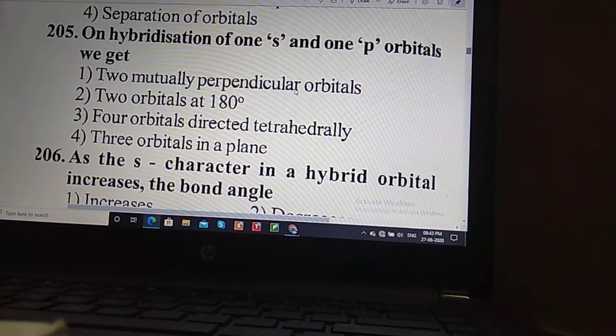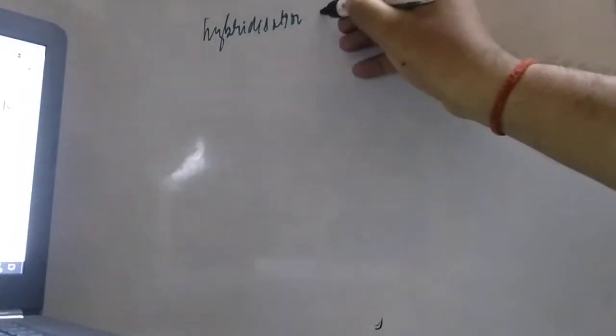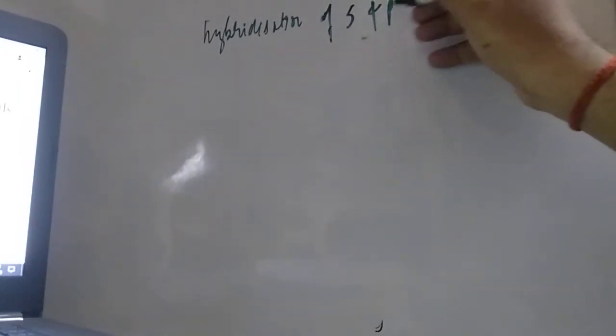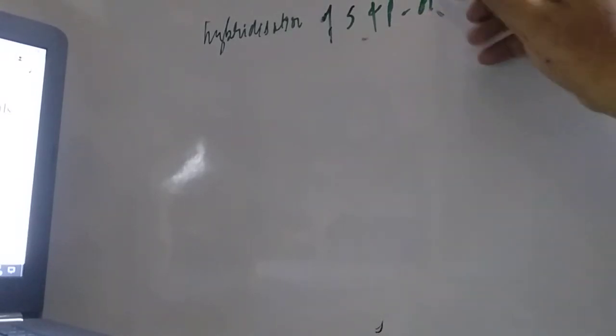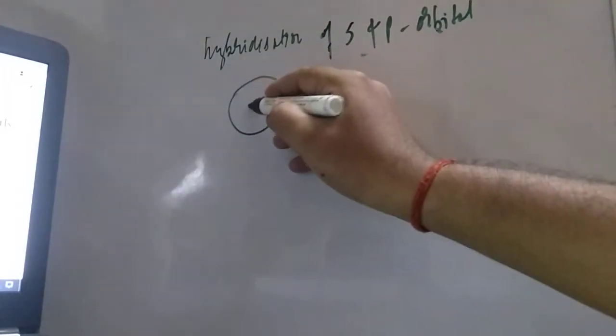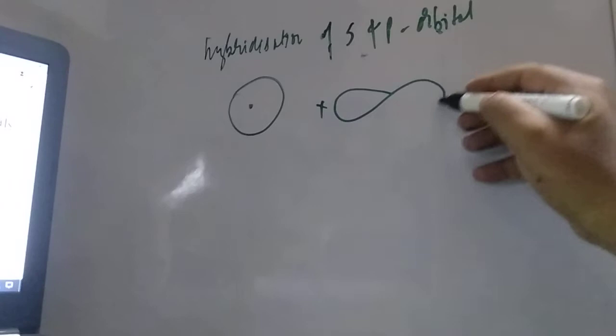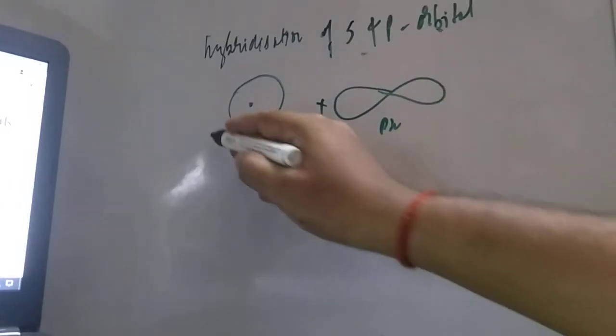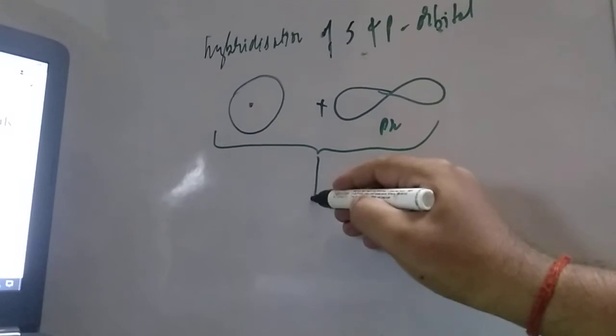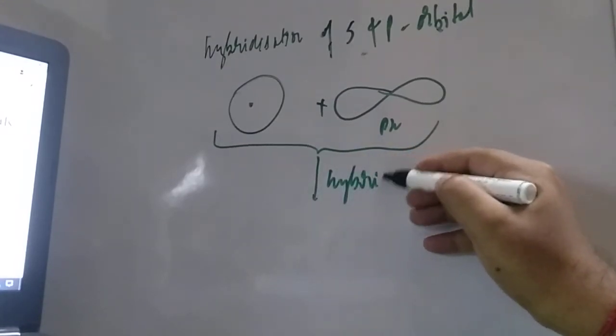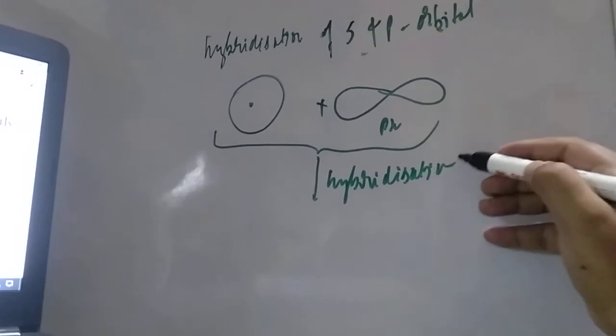Suppose you have one s orbital, which is spherical in shape, plus one p orbital, suppose this is px, dumbbell shape. If these two intermix, that is hybridization, you will get two new orbitals, student.